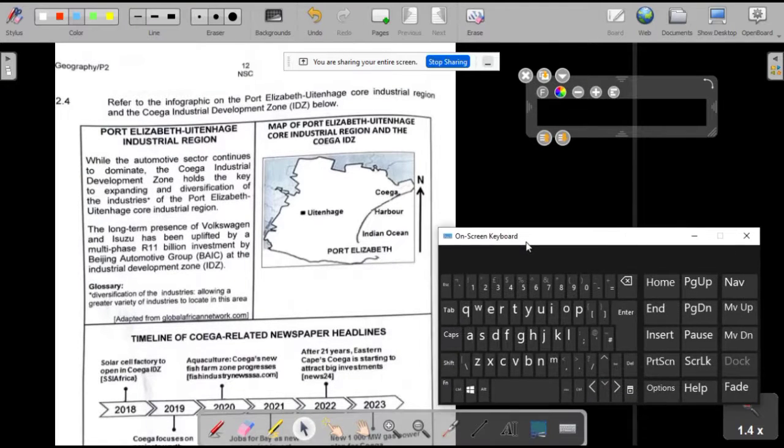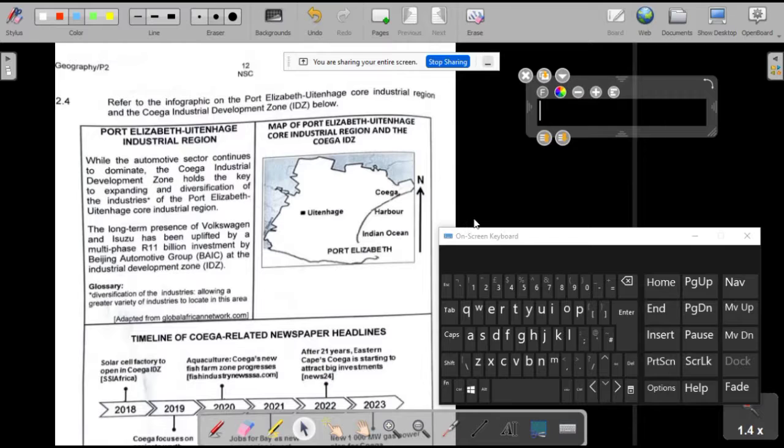Port Elizabeth Uitenhage industrial region. While the automotive sector continues to dominate, the Coega Industrial Development Zone holds the key to expanding and diversification of industries of the Port Elizabeth Uitenhage core industrial region.